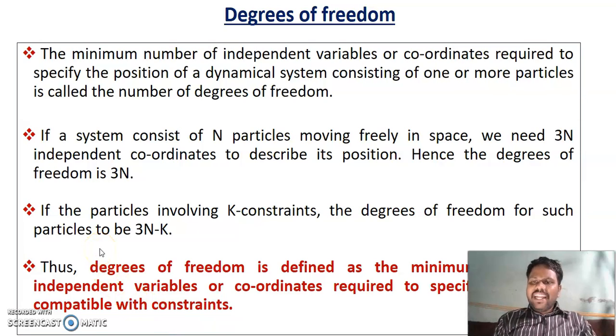So, if a system of particles involves k number of constraints, then the degrees of freedom for such particles is found to be 3n minus k, where n represents the number of particles and k the number of constraints. Thus we define the degrees of freedom as the minimum number of independent variables or coordinates required to specify the system compatibly with constraints.